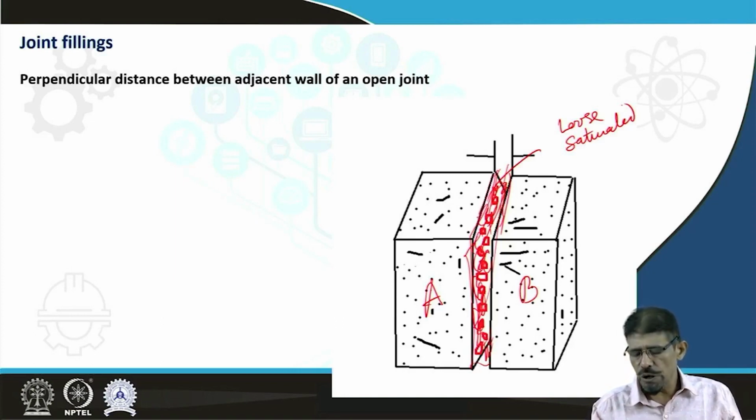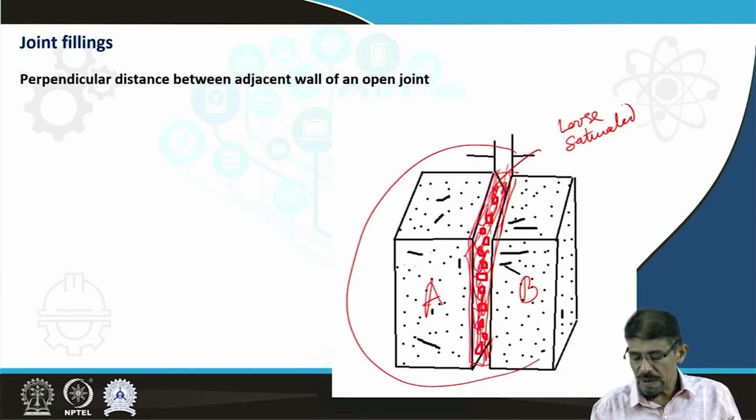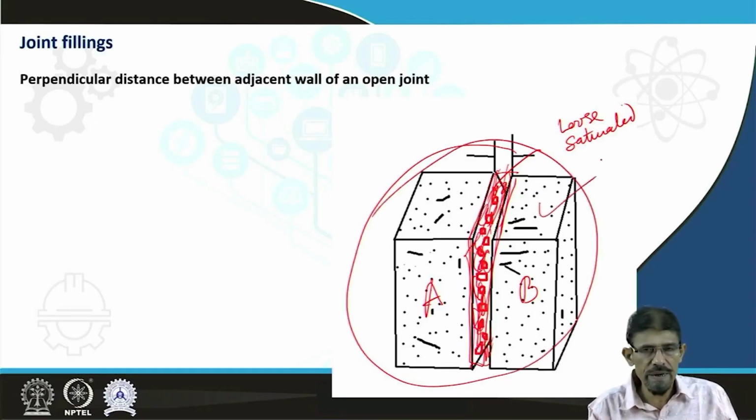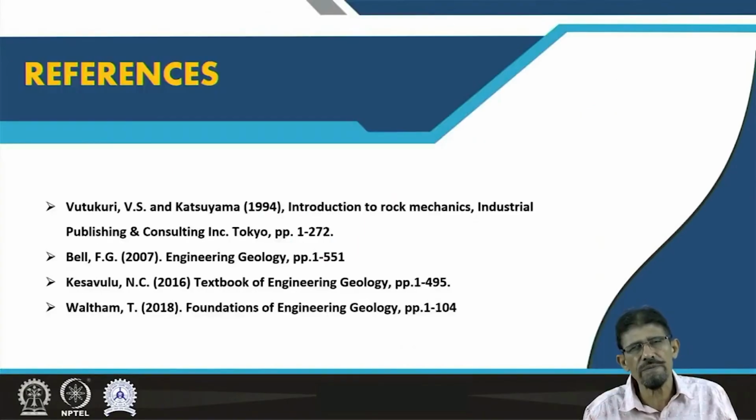So the strength response of such filling materials plays an important role in estimating the strength response of such types of joints. So joint filling also plays a very important role.